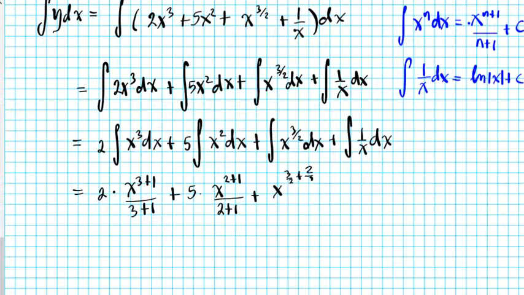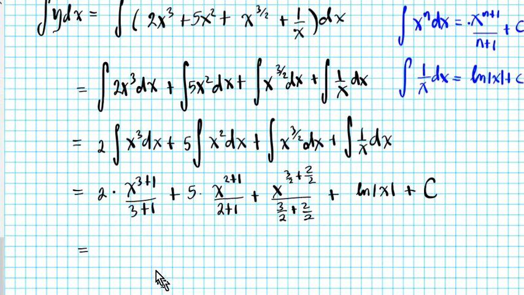I'm going to write 1 as 2 over 2, that's the equivalent fraction, divided by power plus 1, plus the integral of 1 over x is the natural logarithm of absolute value of x, plus the integral of 0, which is a constant c.